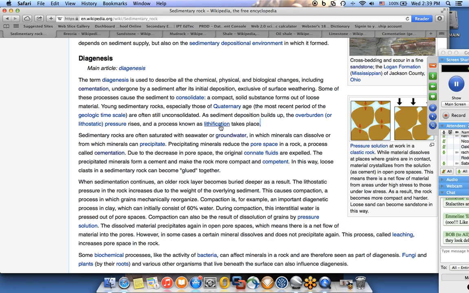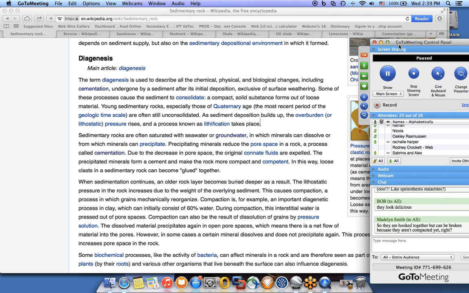Remember I told you I know a little bit of Greek, so lithos means rock. Whenever you see lithostatic or lithification, that relates to rock. Then it goes on to explain the process. Madeline says, so they are hooked together but can be broken because they aren't compacted yet, right? That is correct. That is absolutely right.